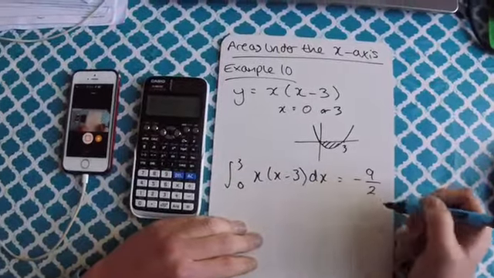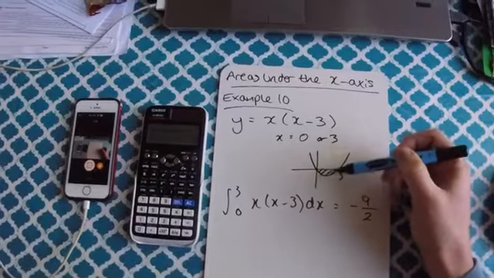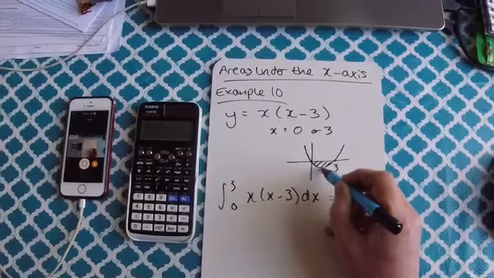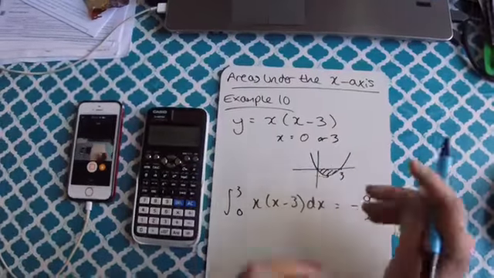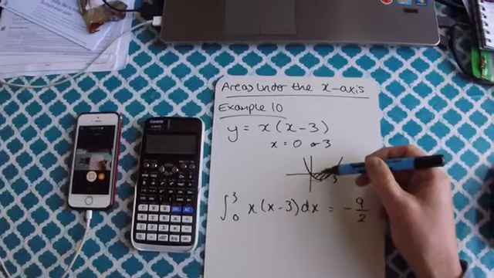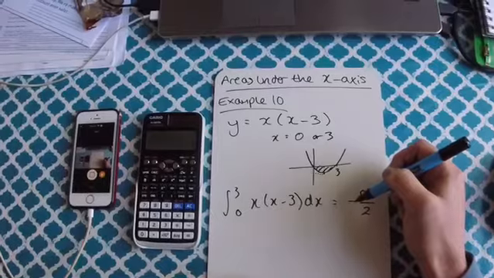Now the thing is here, it's giving us a negative figure because we've gone underneath the x-axis, and as we saw, because we're using the value of y as an infinitely narrow rectangle, and then multiplying that by the difference in x, we are going to get a negative value here.